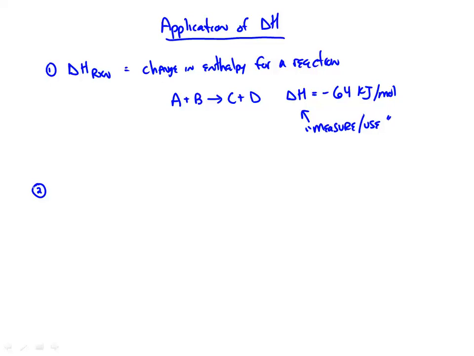So instead, we're going to learn a shortcut method where we can approximate an answer using what's called delta H of formation, the enthalpy of formation, which we're going to define as basically making a compound from its elements.